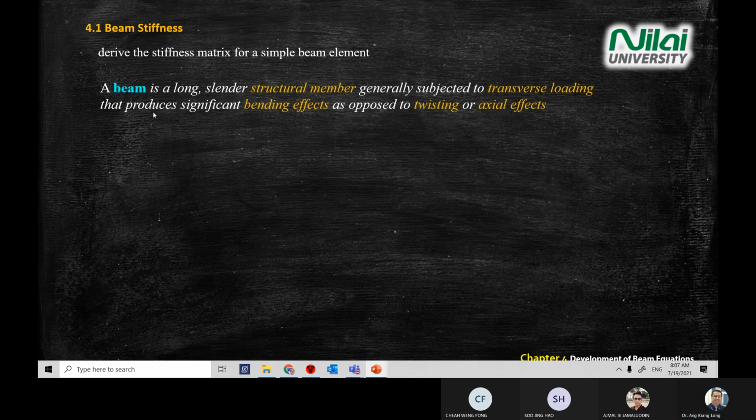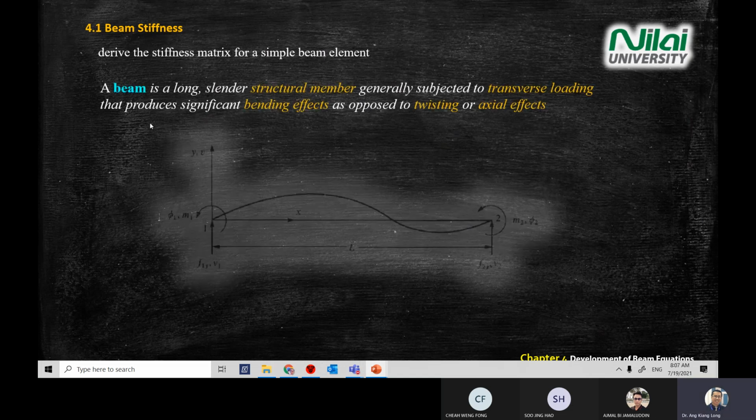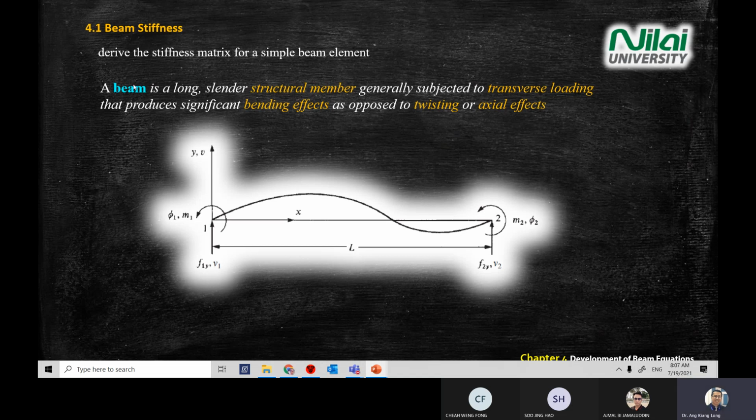So, what is a beam? A beam is a special scenario where we have a long element subject to a force, and we will have a transverse loading that produces a bending effect, and also a twisting effect.